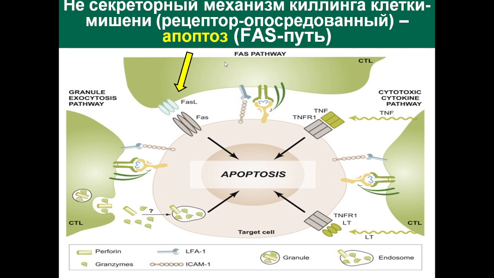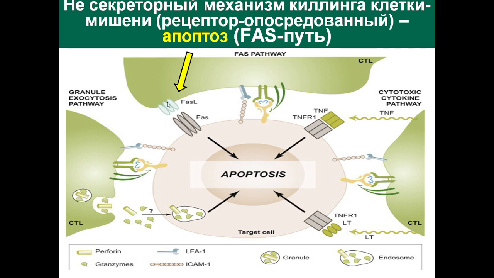In the upper part, you see the same recognition of antigenic peptide by the T cell receptor of the cytotoxic T lymphocyte. But the result is Fas ligand molecules on the surface of the cell become polymerized and react to the many Fas receptors on the local zone of the target cell.